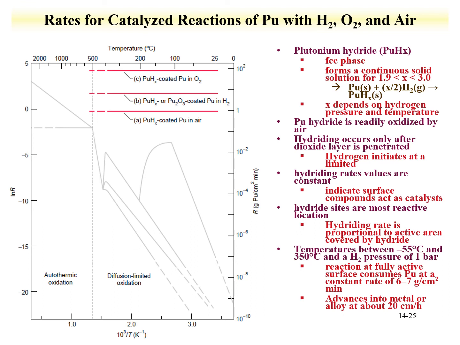It consumes plutonium at a constant rate between 6 and 7 grams per centimeter squared per minute. And this means that if you had a plutonium metal alloy, the rate of this oxidation would be about 20 centimeters an hour.